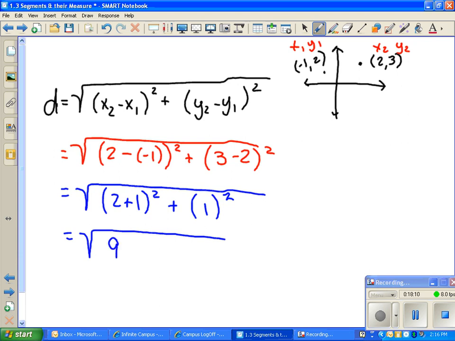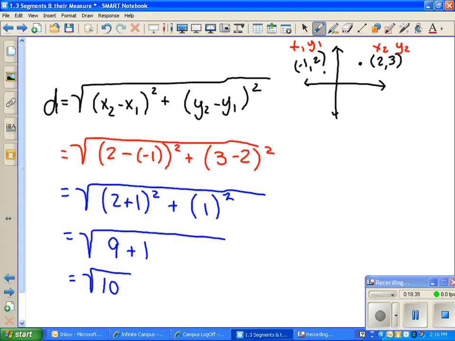That's what a lot of people get wrong. They'll say 6. Or if you get 2, 2 squared is 4. But if you do 4 squared, it's not 8, it's 16. Be very careful. Just check yourself. 1 squared is 1. What's 9 plus 1? Square root of 10. Now, you may have to simplify that later, but right now I'm happy with the square root of 10 as your answer.